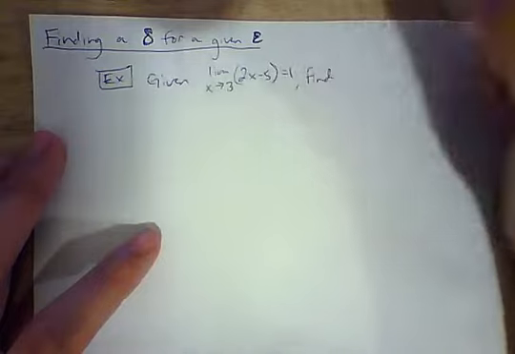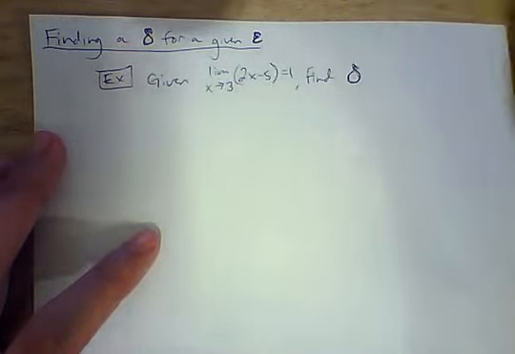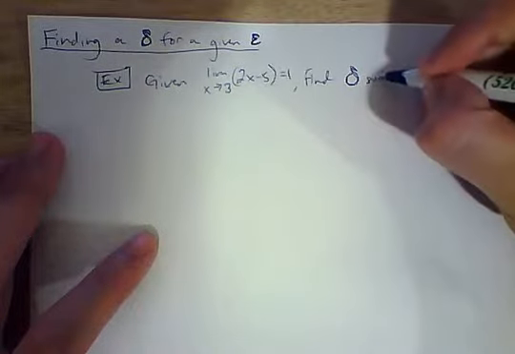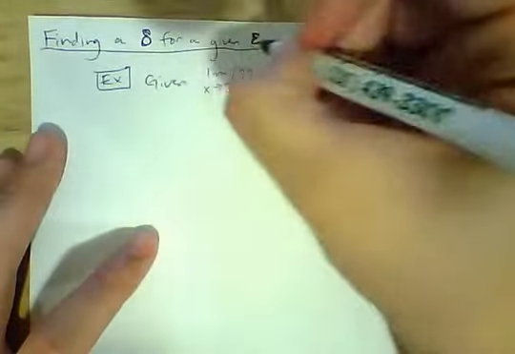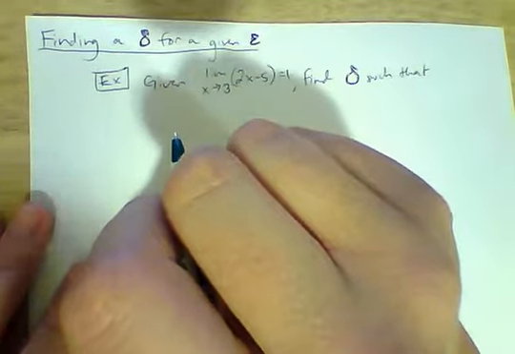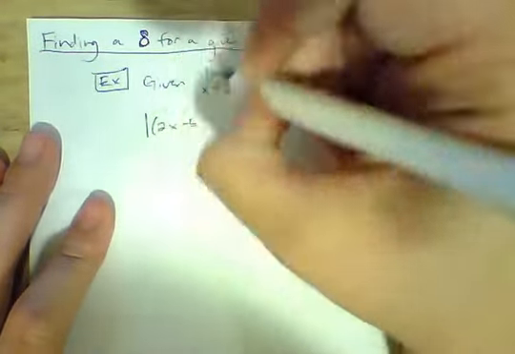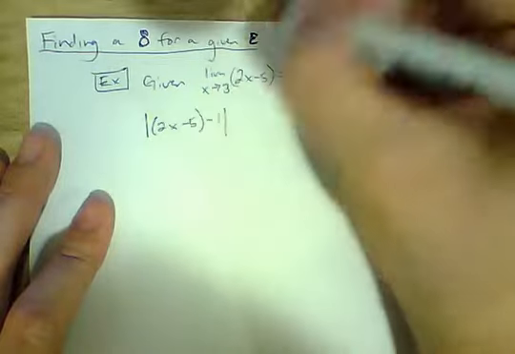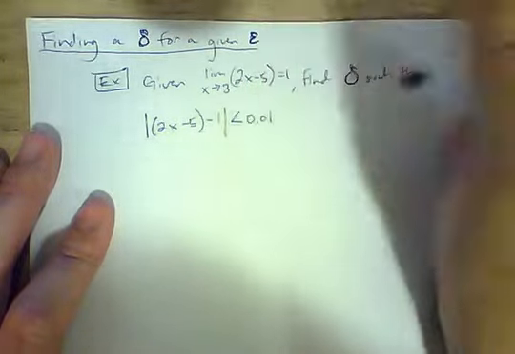Find a delta such that the absolute value of 2x minus 5 minus 1 is less than 0.01.